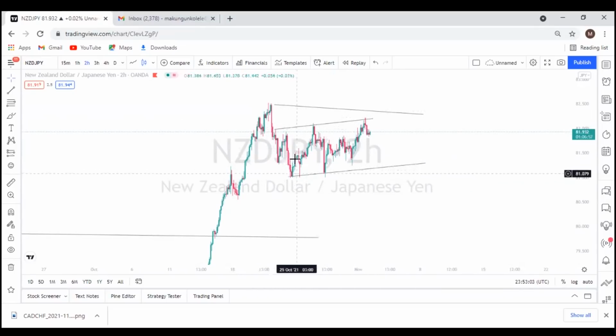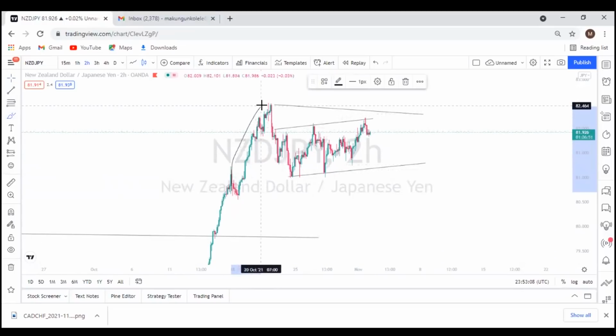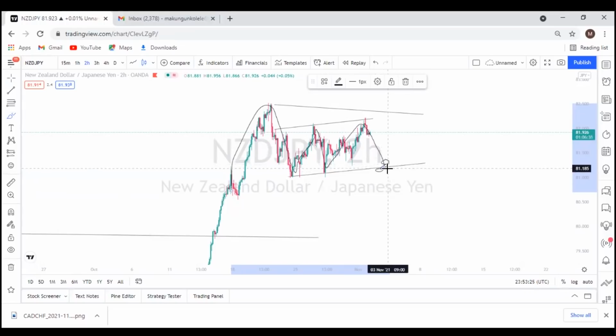Reason being is because of the 1 2 3 structure or movement. Let me just illustrate. So we had our first touch, right, and the price bought. We're having our second touch, price bought, and now we are anticipating the third one, which is the third touch with the highest probability.